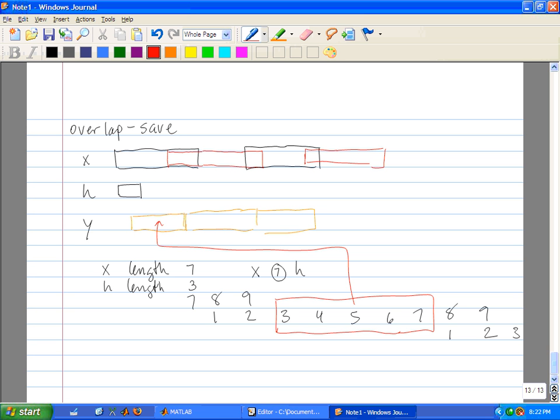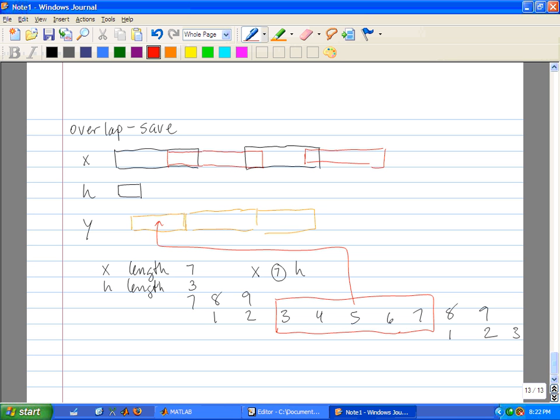I'm sorry? To recover first and second points. Right. No, because now, forget about 1 and 2. Let's just pretend that they're gone forever now. Let's worry more about getting elements 8 and 9. The way you're going to get elements 8 and 9 is that your next x chunk is going to overlap this first one.